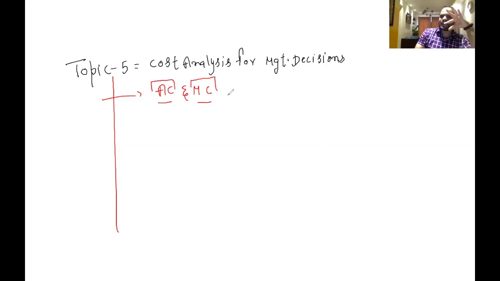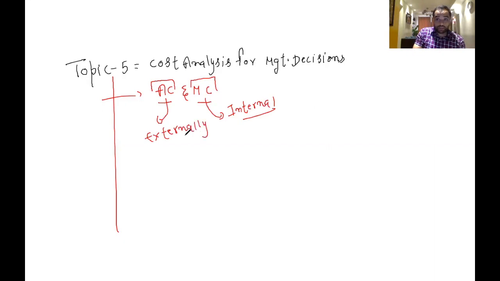It's mainly for internal purposes. If a company wants to estimate its profit internally, it applies marginal costing. So you can say that marginal costing is for internal decision making. Absorption costing is applied externally, such as in preparing financial reports.